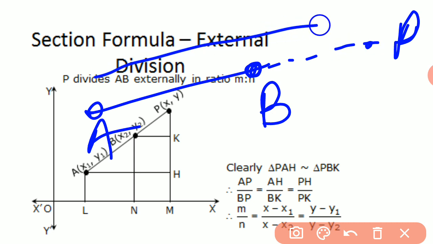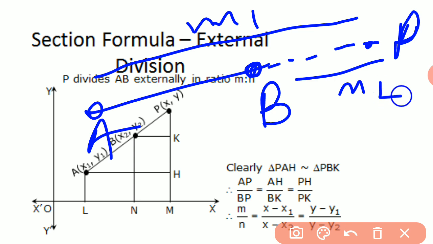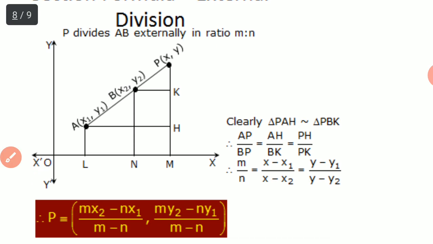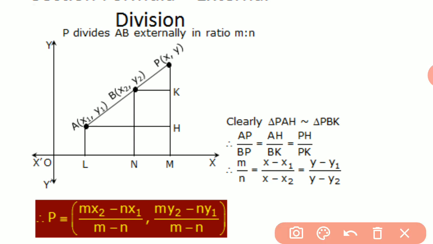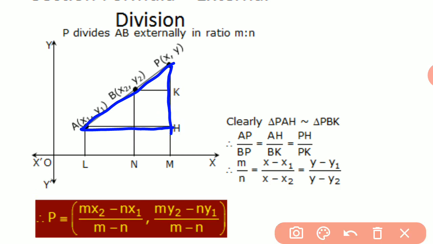It means this is m1 and this is m2. Then the coordinate of P, we can find using these two similar triangles.